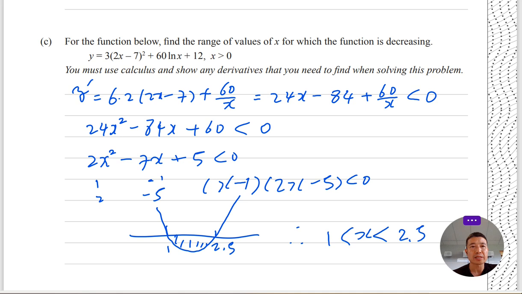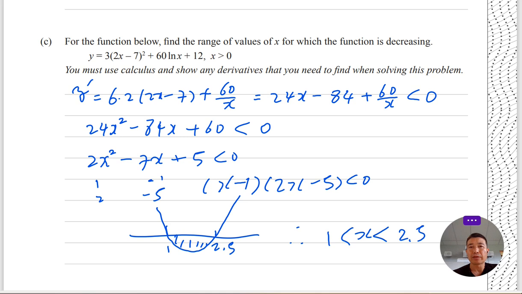So it's 6 times the derivative of 2x minus 7, which is 2, and 2x minus 7 to the power of 1, so you don't have to write that, and plus 60 times ln x becomes 60 over x, isn't it? Because the derivative of ln x is 1 over x.